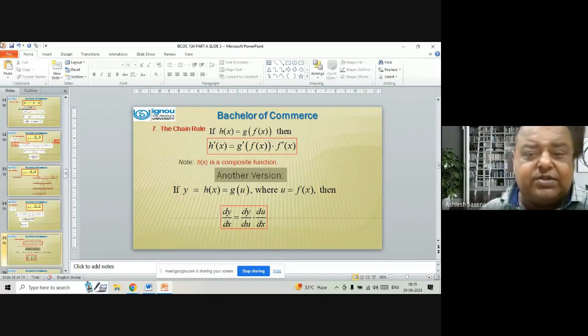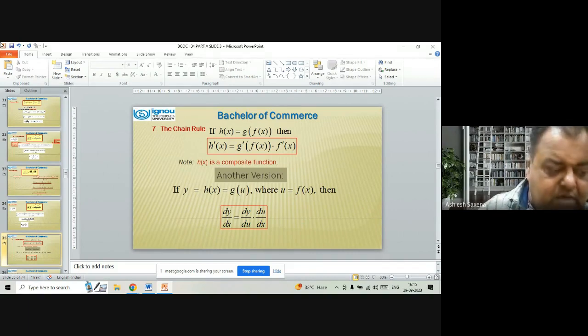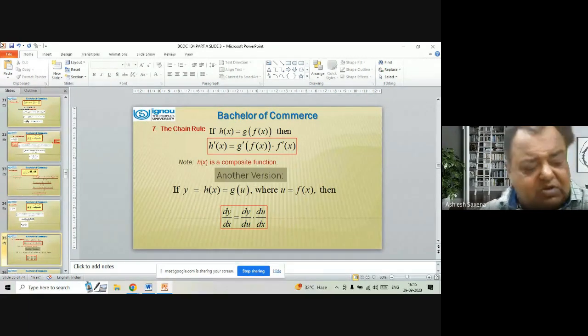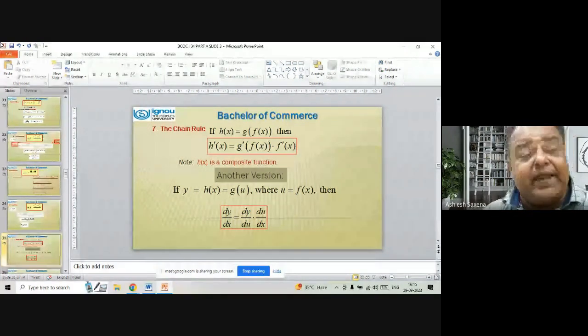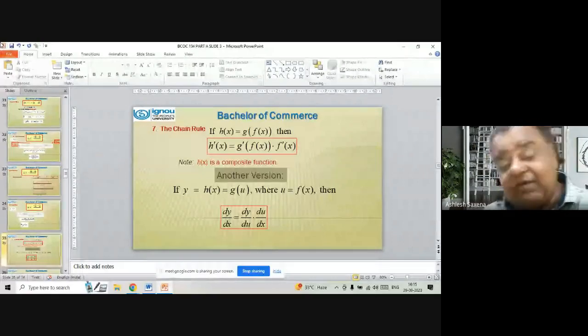Now comes the chain rule. You know that derivative of x is 1. Many a times we don't take it, but that 1 comes due to this chain rule only.